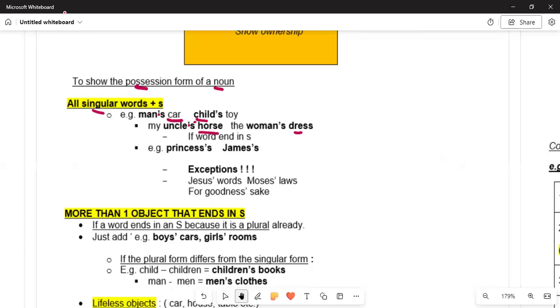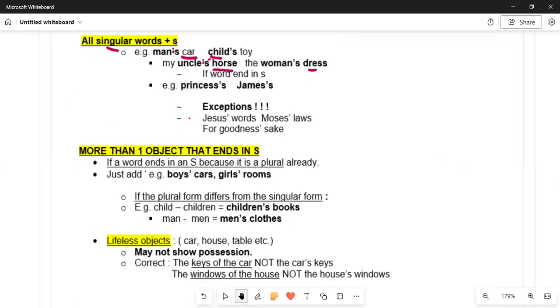The last example, Princess James's. Those show us the exceptions of the apostrophe. The exceptions are Jesus' words and Moses' law, for goodness' sake. Can you see that these are the exceptions?